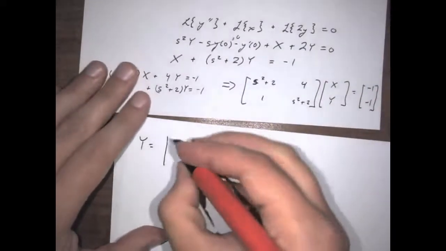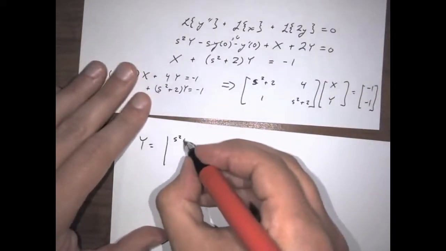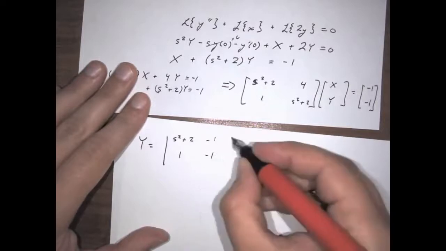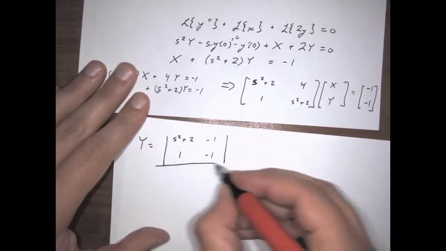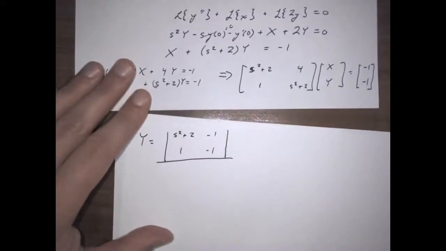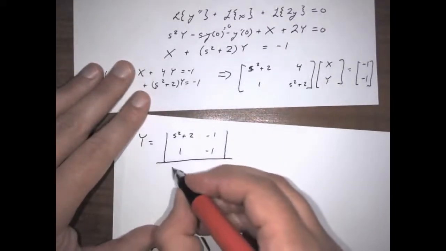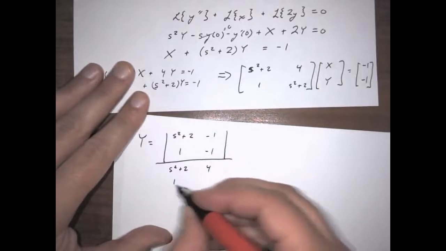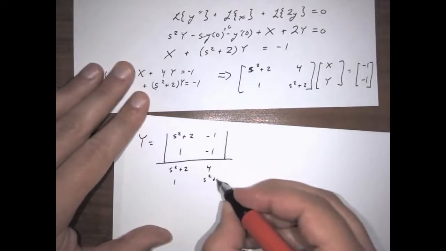So now it's going to be s squared plus 2 and 1 left alone, -1, -1 going into the second column, Cramer's rule. And in the bottom it's going to be s squared plus 2 for 1, s squared plus 2.